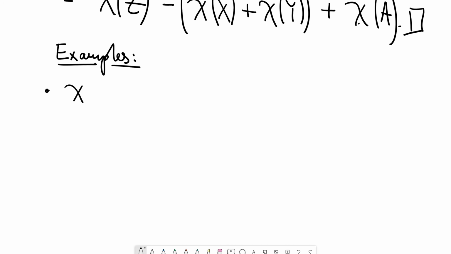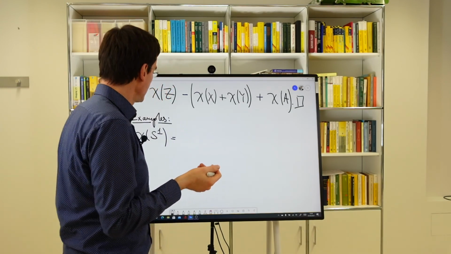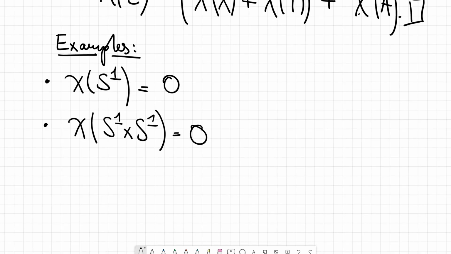First of all, the Euler characteristic of the circle, that's something that you compute from the easiest CW structure. There's one 1-cell and there's one 0-cell. So 1 minus 1, this is 0. For the torus, you could either employ the product formula to see that it's 0, or again use the standard CW complex structure that we have.